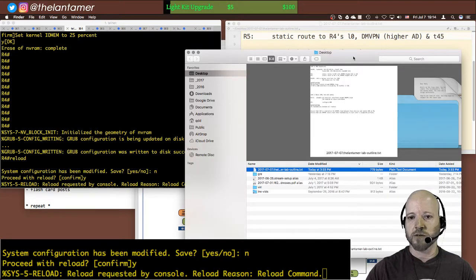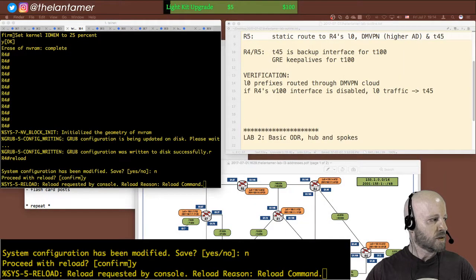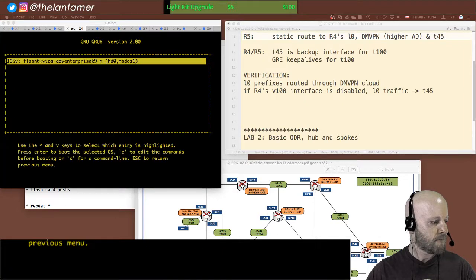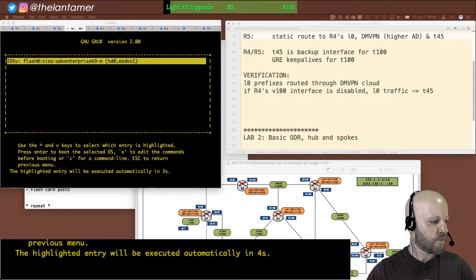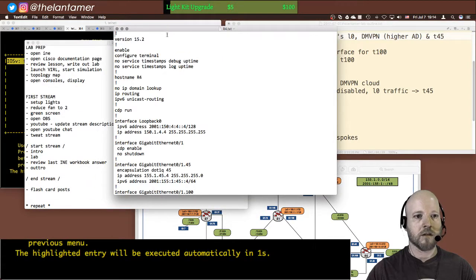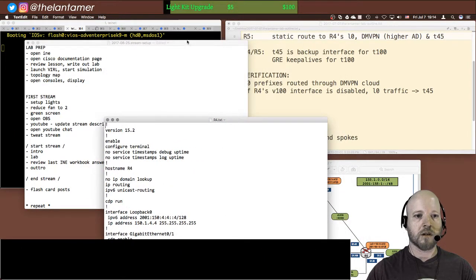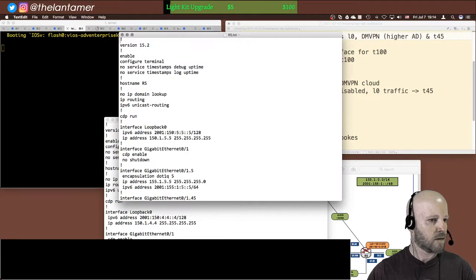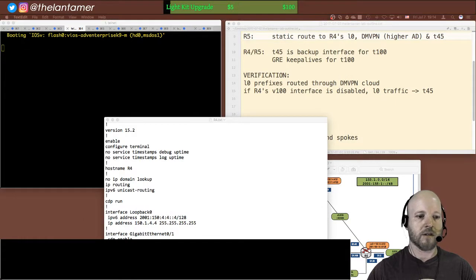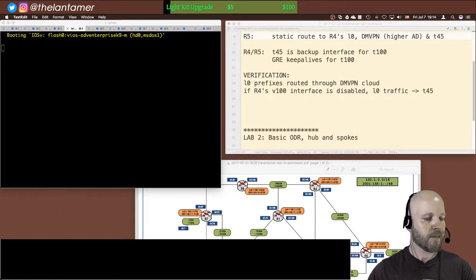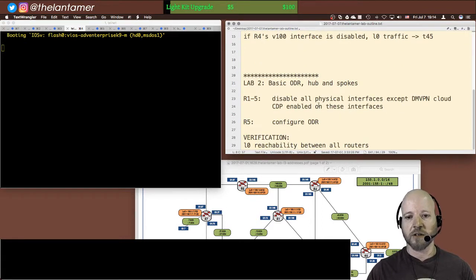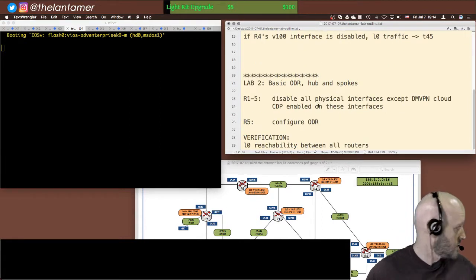Once they come back up, we'll reconfigure them. It's router 4. Router 5. Good deal. Now, lab 2, basic ODR, hub and spokes.